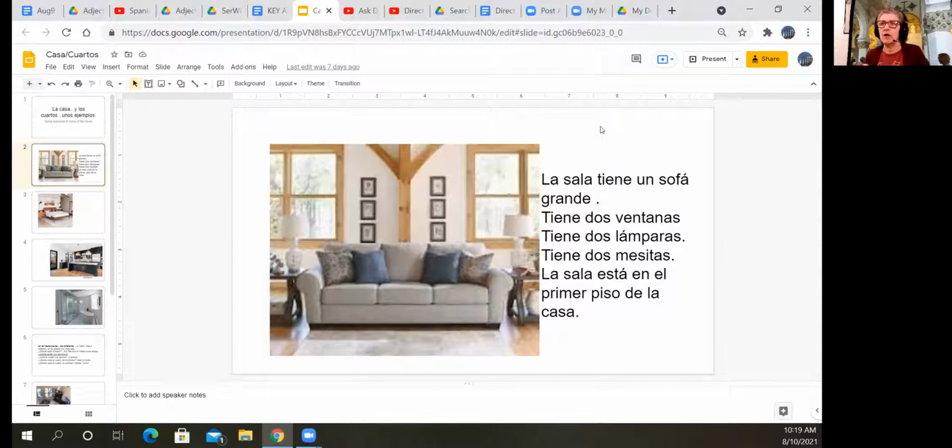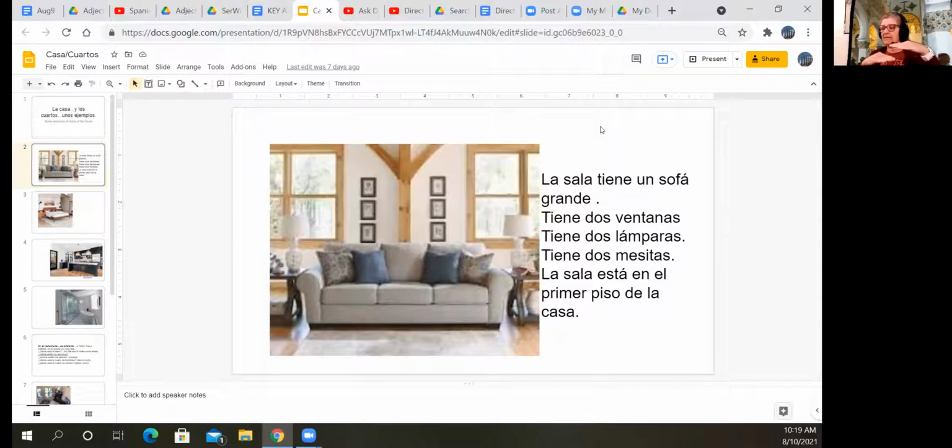Mesa, table, if we make it smaller, it becomes mesita. Ita at the end of something makes it a small size of that thing. So mesa, a table, but mesita becomes a small table. Tiene dos mesitas.